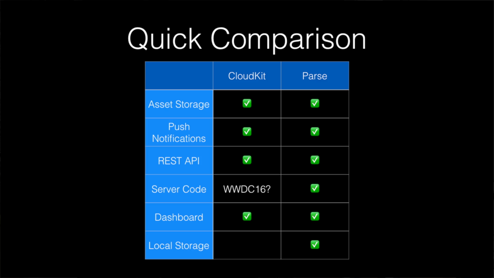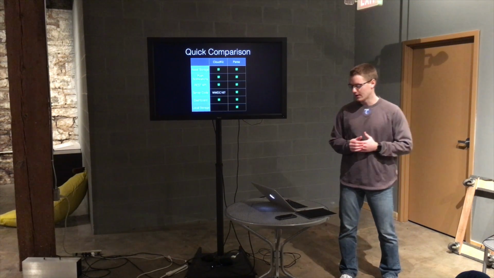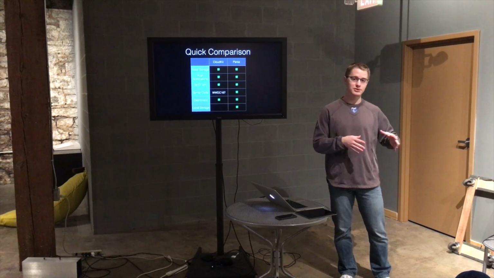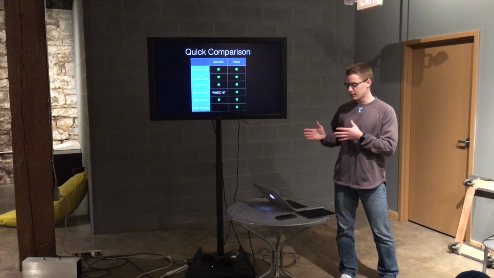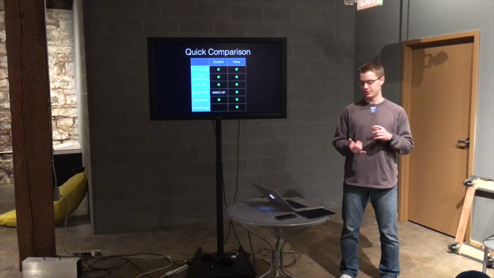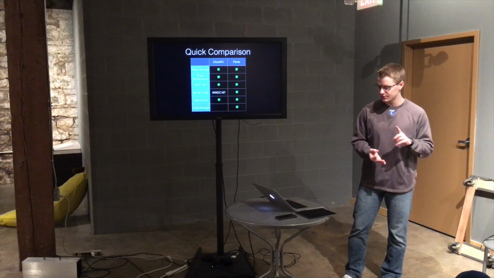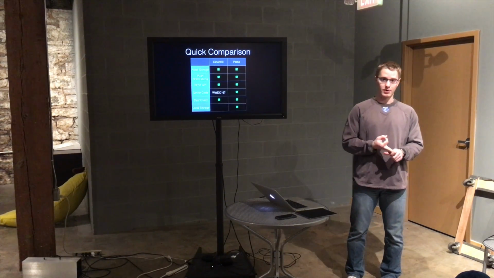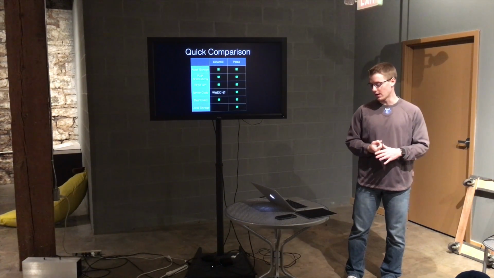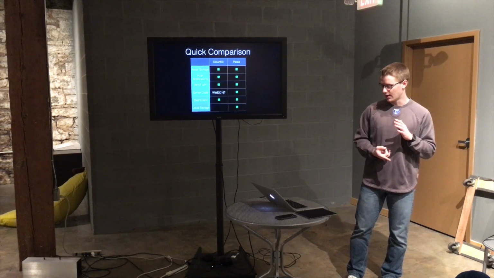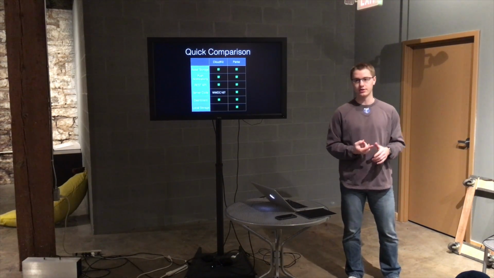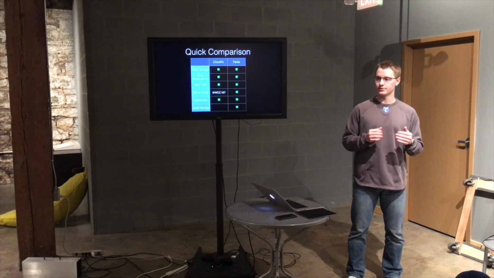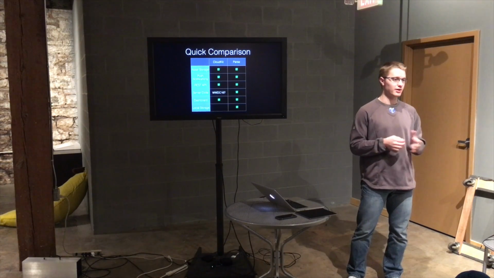This isn't a great comparison, but it gives you a quick idea of how they stack up. CloudKit is different than Parse, but it offers a lot of the same things. Asset storage, push notifications. They have a RESTful API. Not many people know that. It has a dashboard online where you can visually see your schema and manage that.